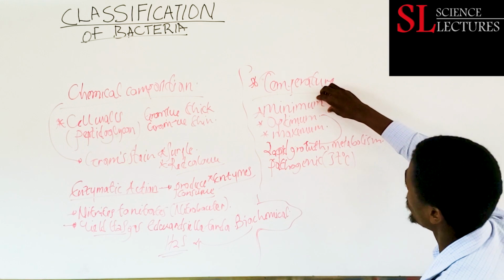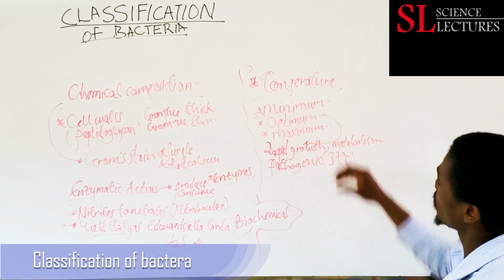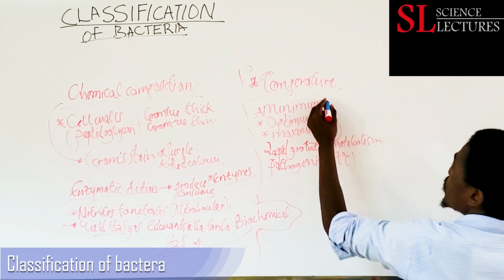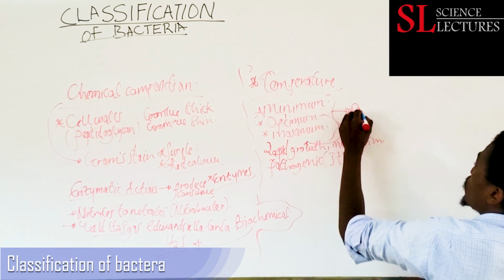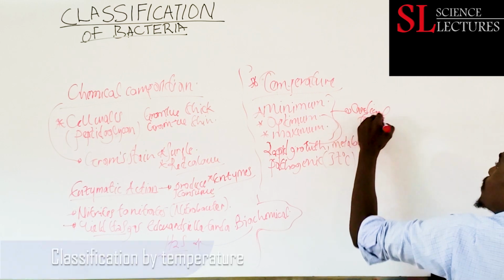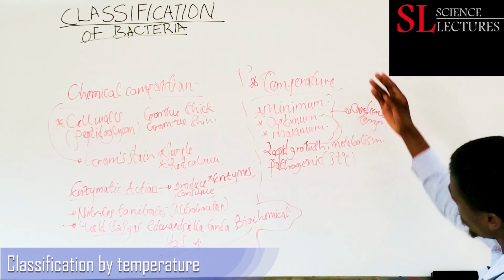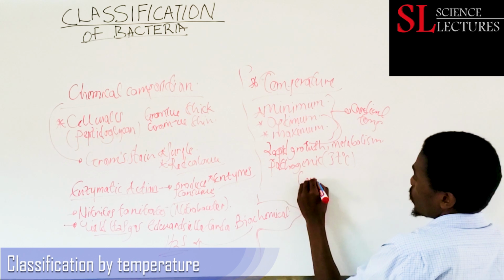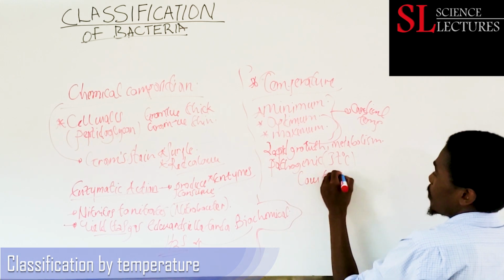But we know that we have a minimum temperature, optimum temperature, then a maximum temperature. And all these form what we call the cardinal temperature. However, some bacteria can also survive in very low temperatures.